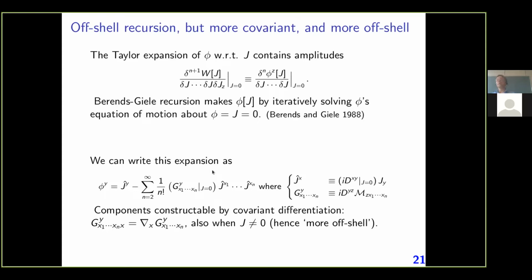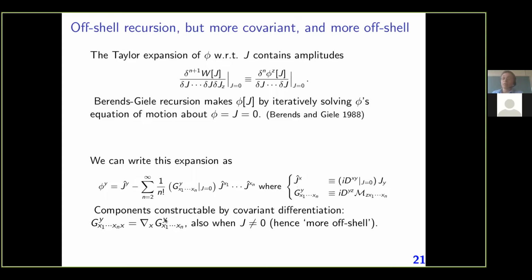Now, what we can do is construct those coefficients in a slightly different way. We can write this Taylor expansion as the formula at the bottom. We have a hatted J, which is just a raised J, so a J contracted with a propagator. And then the coefficients are just these G quantities here, which behave as generalized Christoffel symbols from differential geometry. These generalized G symbols are amputated correlators with one index raised, so one propagator shoved back on.